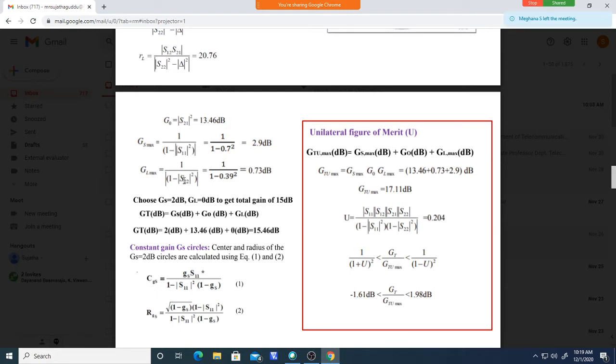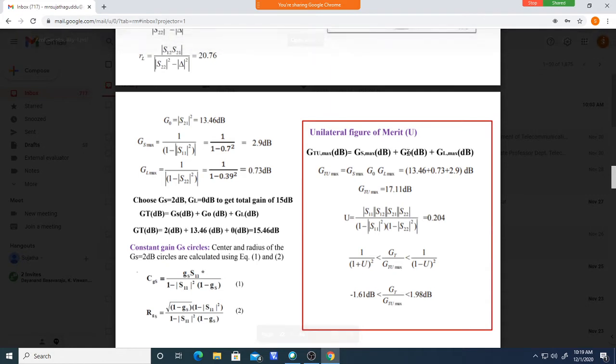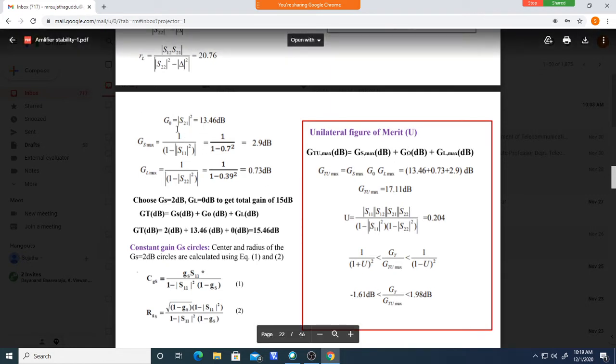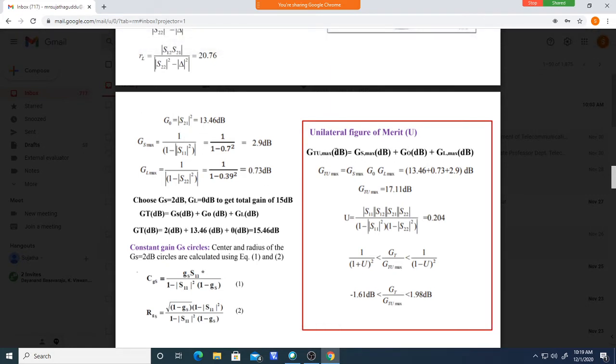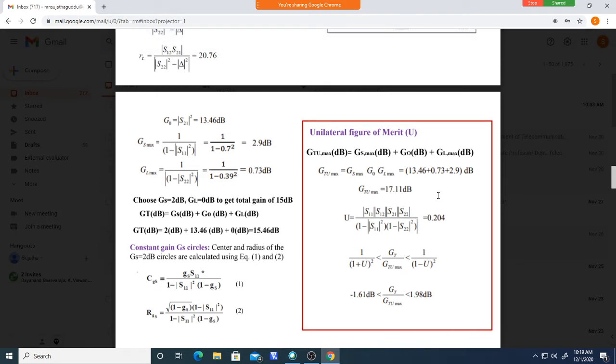Similarly you can do the other. Substitute GS maximum and GL maximum here, and calculate G naught using this equation. So what is the maximum gain you can get? That is equal to 17.11 dB. Like that you can calculate the maximum gain you can get from the amplifier.